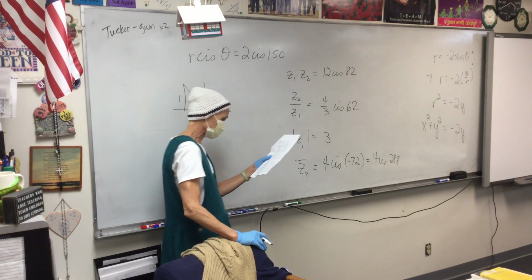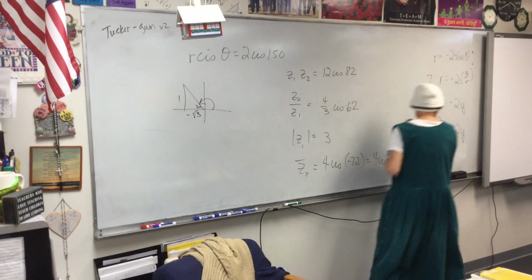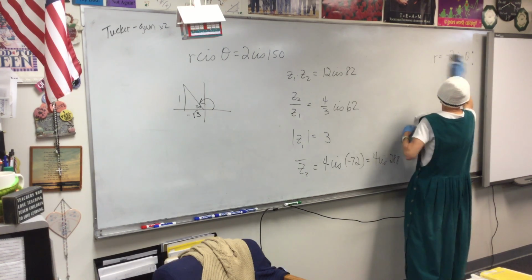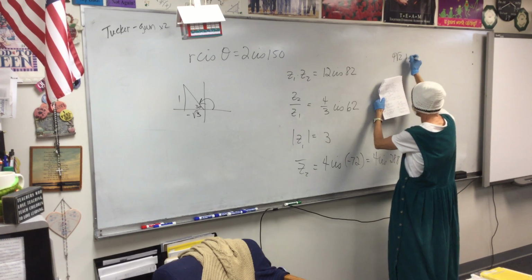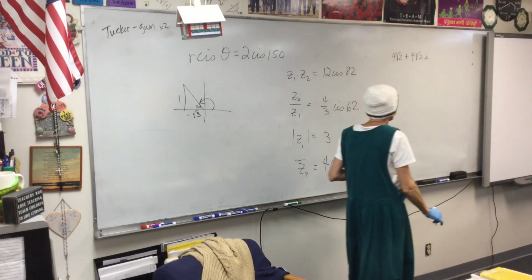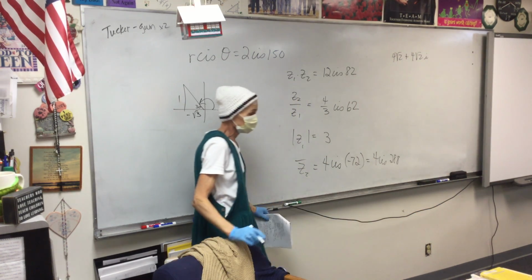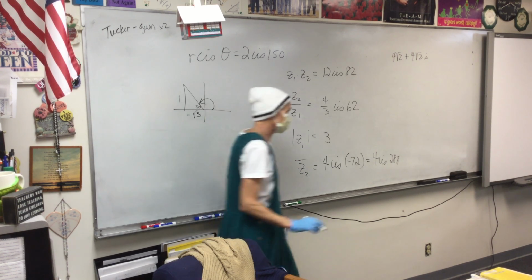Number 10. Find the cube roots of 4 root 2 plus 4 root 2 i. What does it mean to find the cube roots? Third power, or 1/3 power.